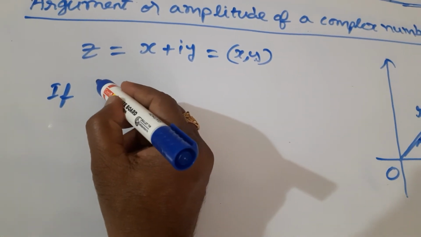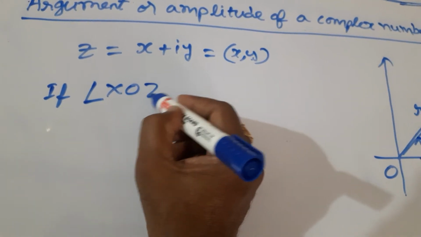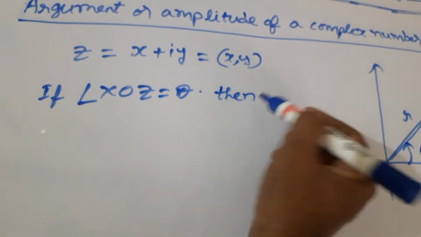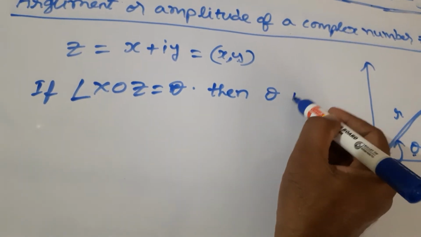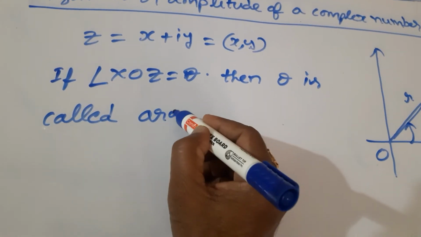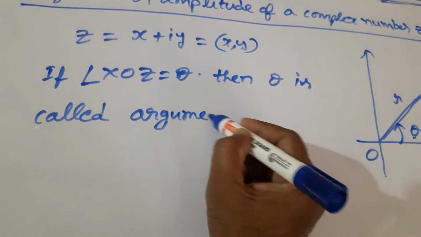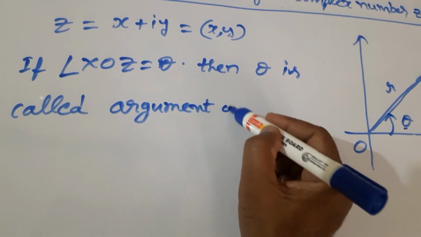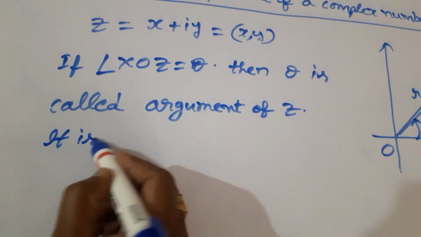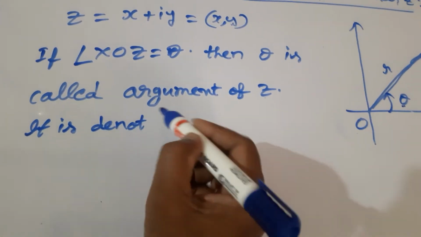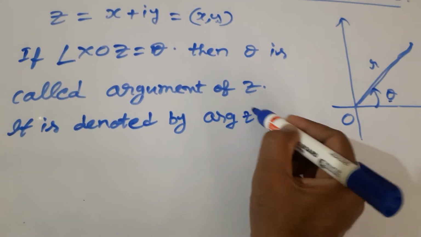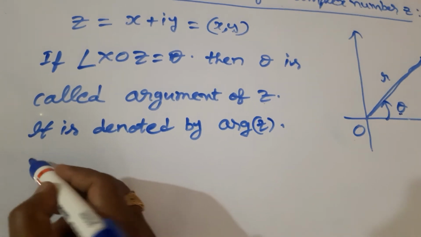If angle XOZ is equal to theta, then theta is called argument of z. It is denoted by arg z or amp z also.